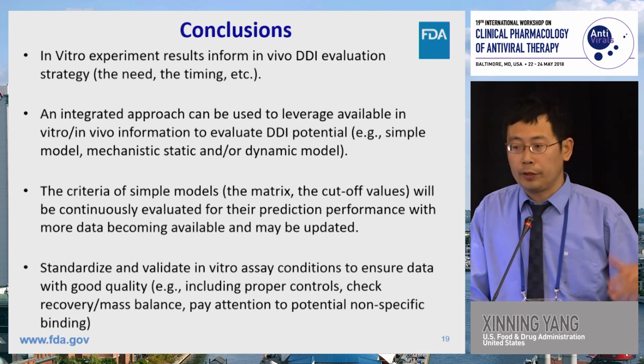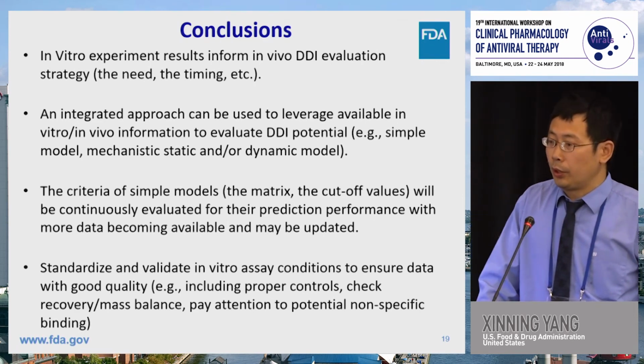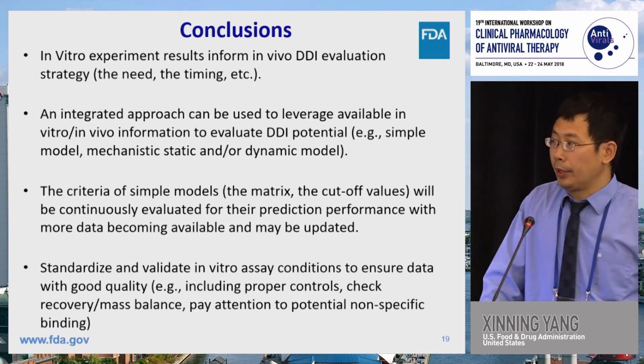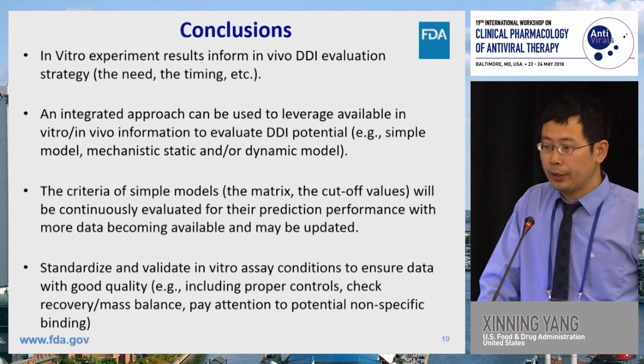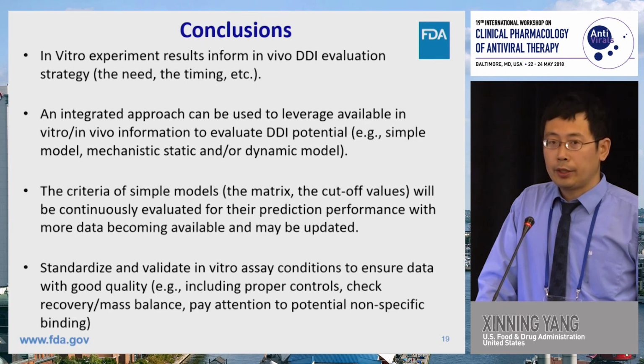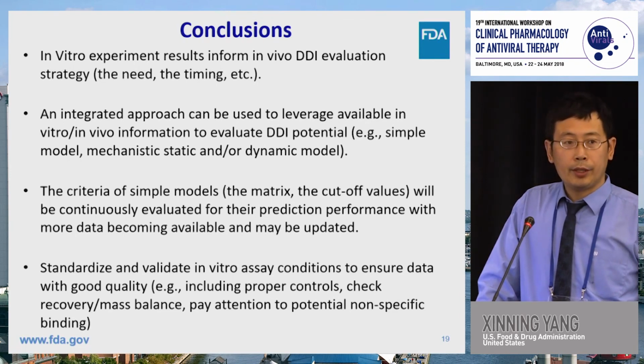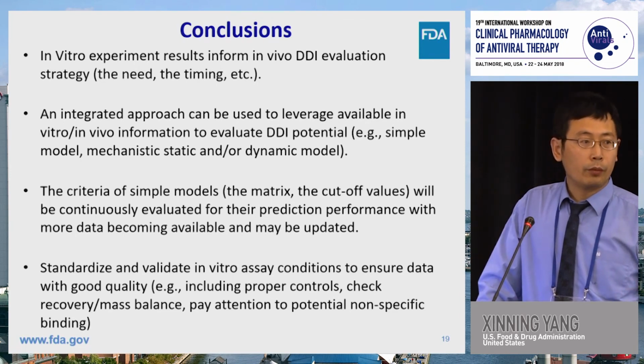There's a table or figure listing the details, and also the dynamic model, which is PBPK. And for the criteria of the simple model, I want to emphasize that it continues to be updated, especially for transporters, because it's a quickly evolving area.